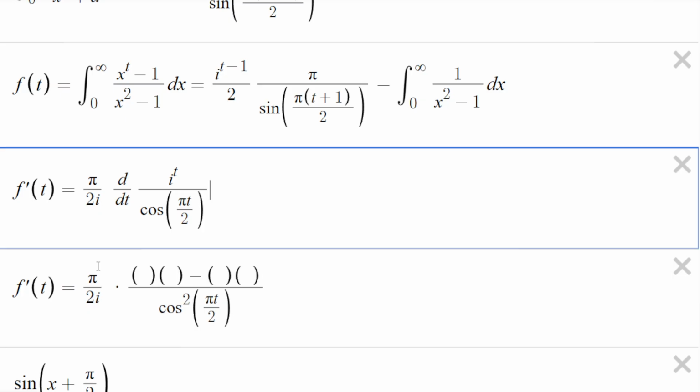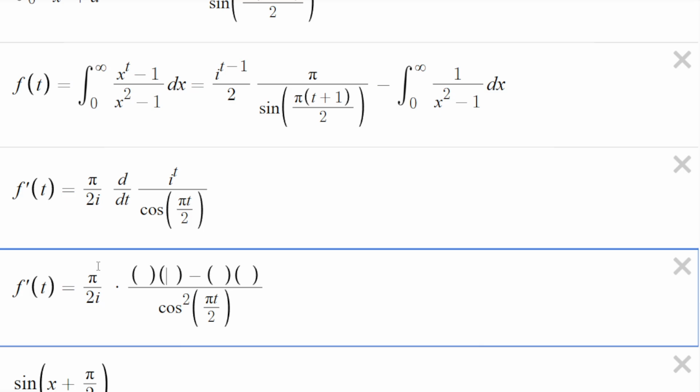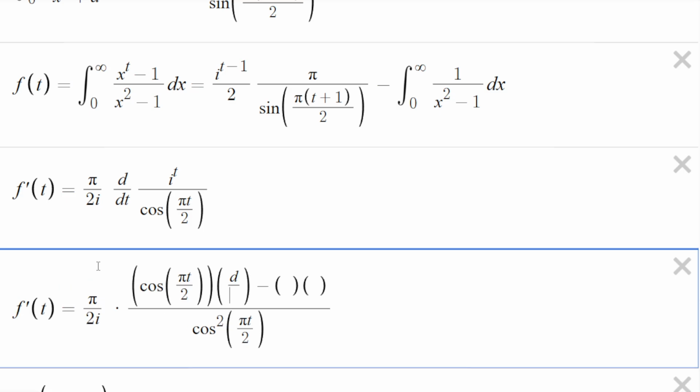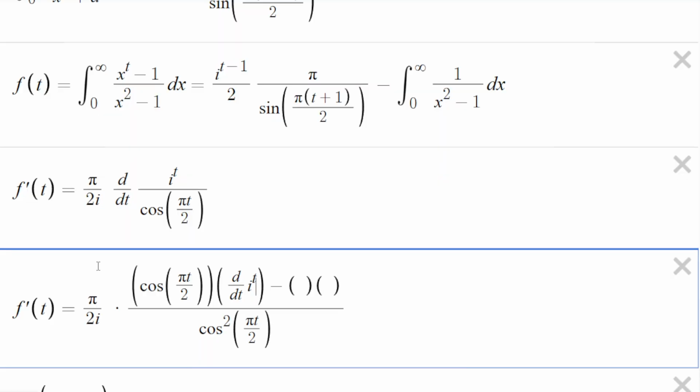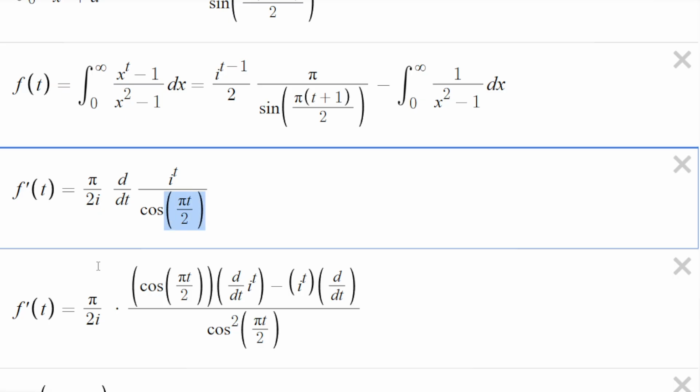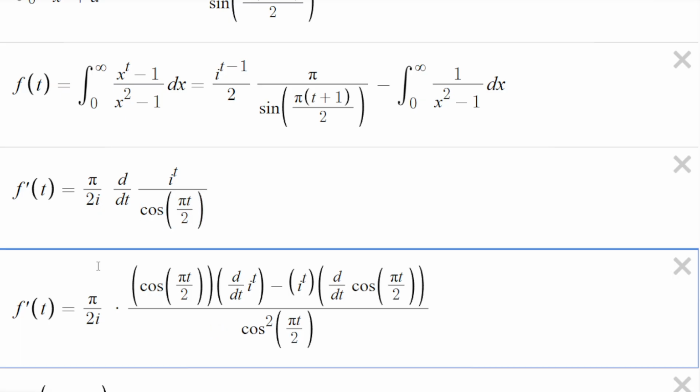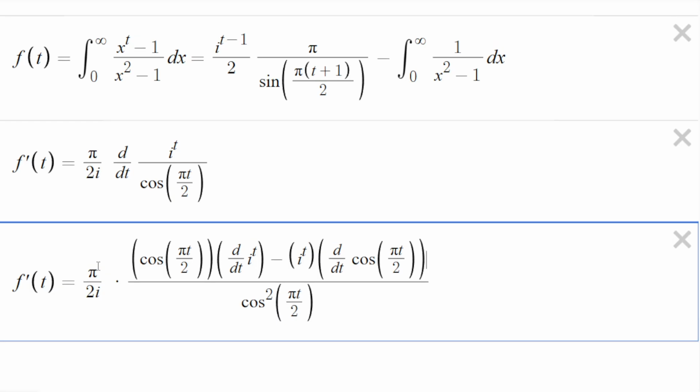All right, now our low d high, that's d/dt of i to the t, minus i to the t times d/dt of our lower function. All right, let's figure this out. Well, this is just a constant raised to our variable of differentiation. So we're going to get i to the t times natural log i.